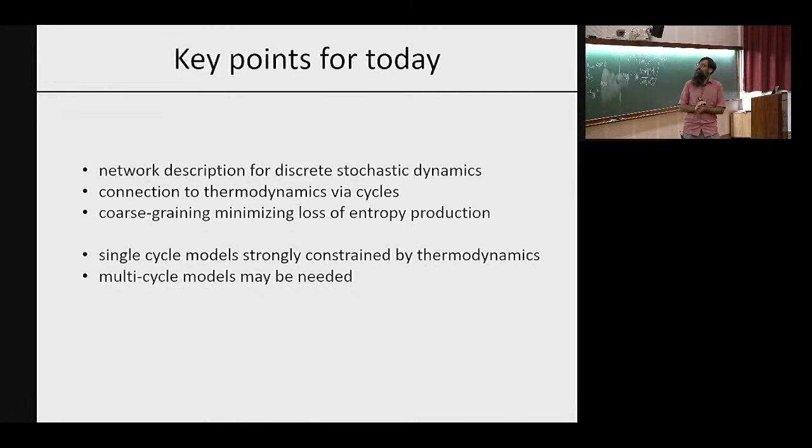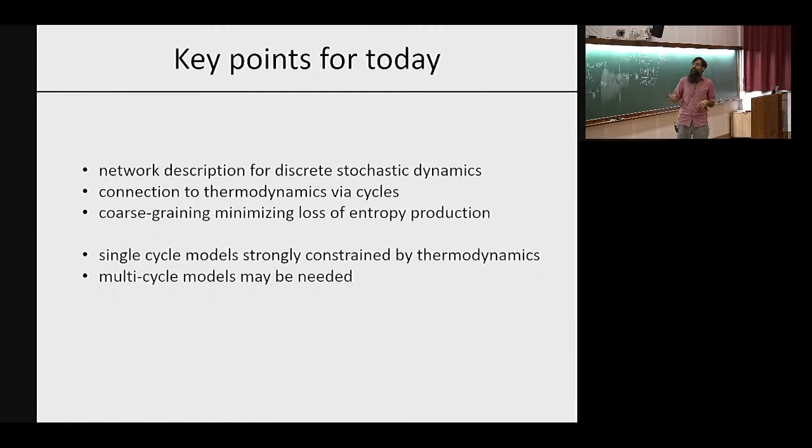I will finish here. So what have we seen today? The key points are the following. I have told you in the first part that we have this network description of stochastic dynamics, discrete state stochastic dynamics, which gives a very nice way of visualizing this dynamics and also of constructing properties of this dynamics.